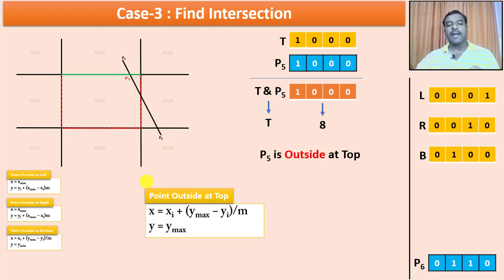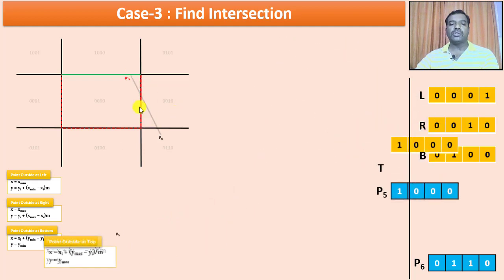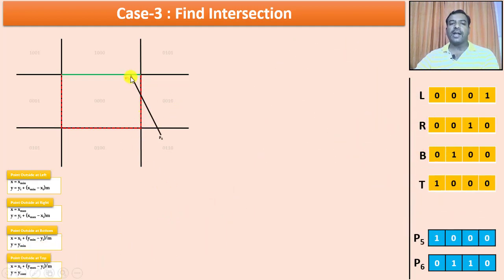Fine, and y is going to be y maximum. Hence I am just going to find this intersection point, and now this part should be clipped out. I am going to clip out this part and get a new line now.